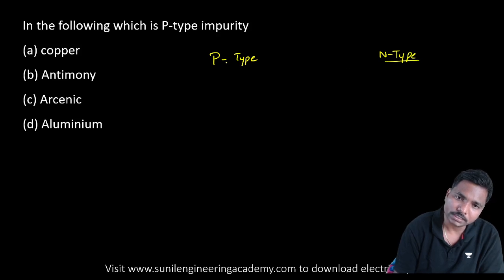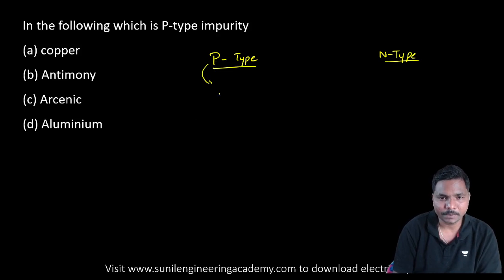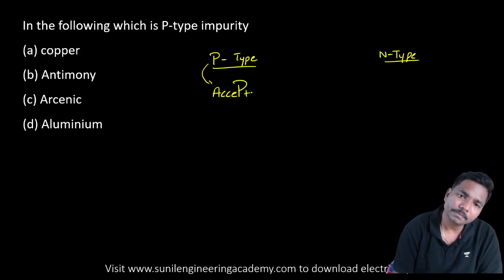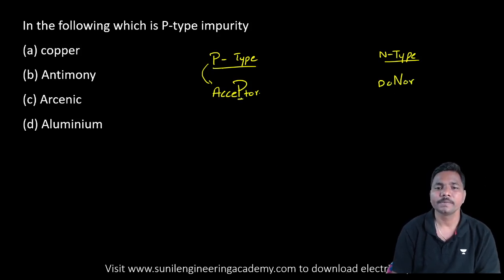Just remember it this way. P-type, P for P, acceptors. These are acceptor impurities. Here N for N, donor impurities. These are donor impurities. All of you clear? P-type are acceptor impurities, n-type are donor impurities.